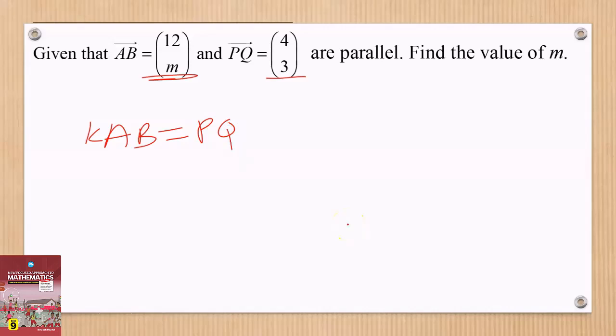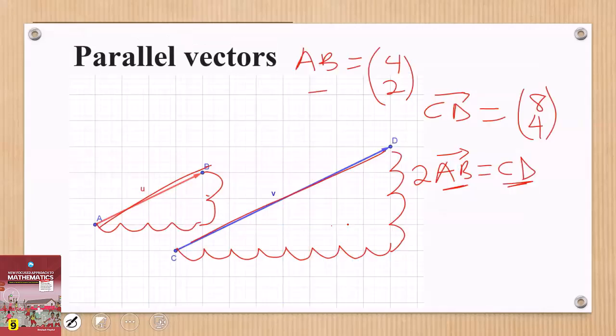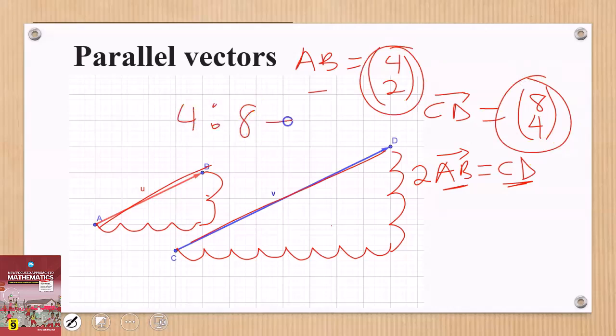Another way of defining two vectors to be parallel can also be like this. Let's go back to these two vectors. Look at these two vectors. We say they are parallel if you pick the x components, 4 is to 8, it should be the same as 2 is to 4. Because they are parallel, the ratio of the x components should be the same as the ratio of the y components.